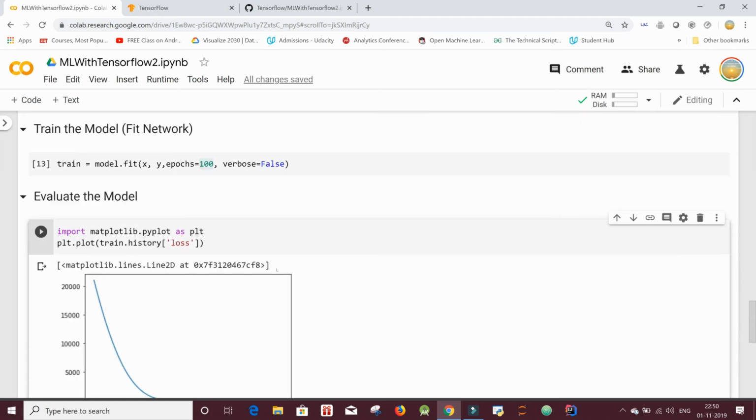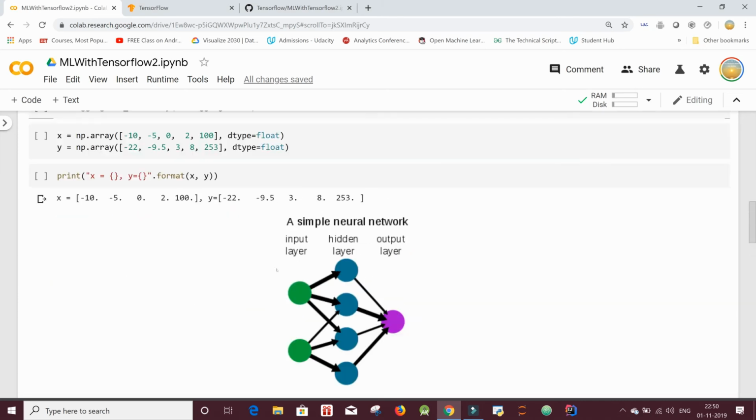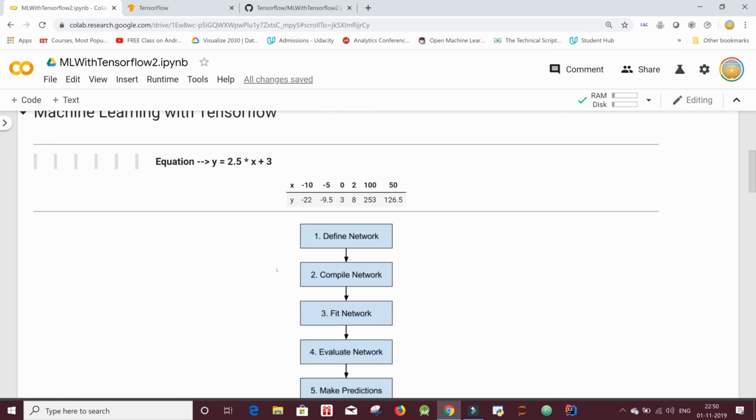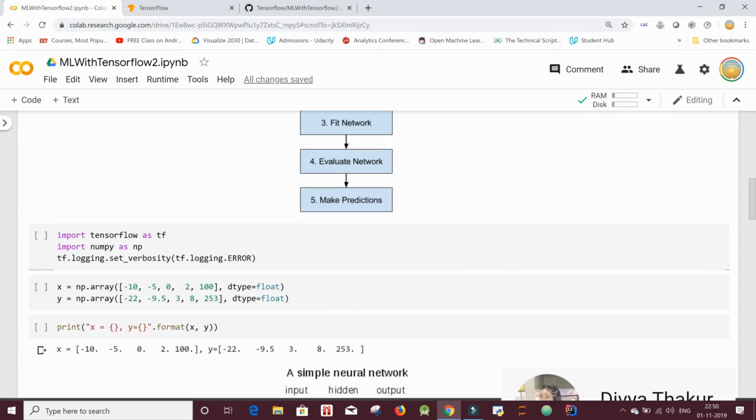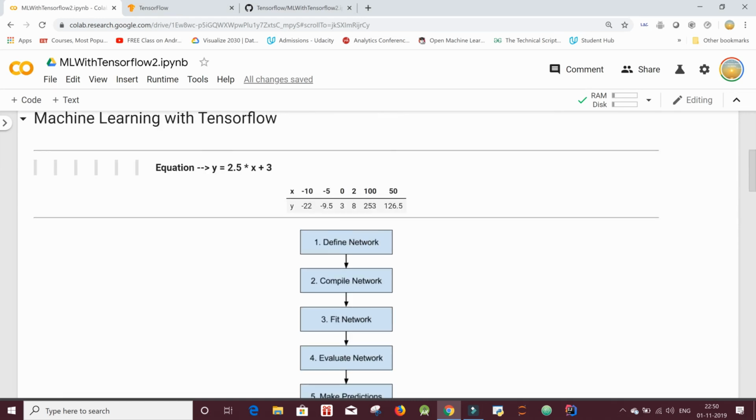Let me show you the table that we had taken. I had -10, -5, 0, 2, 100 and 50. So I had 6 inputs and 6 outputs. But here I fed only 5 inputs and 5 outputs. So I have one more input and one more output.